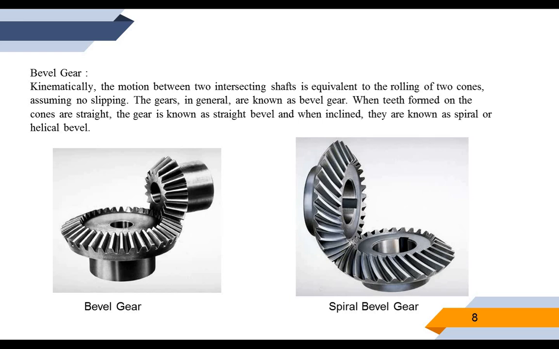Straight bevel gears and spiral bevel gears are used in locomotives, marine applications, automobiles, printing presses, cooling towers. And worm gears are used in material handling and transportation machinery, machine tools and automobiles.